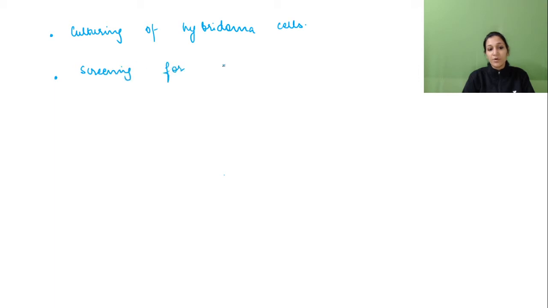After screening of hybridoma cells, the next thing is culturing of hybridoma cells, because we need to produce a single type of antibody, so they need to be cultured. Culturing means they will multiply into many cells. After they have survived on this culture, we need to screen for the desired antibody.